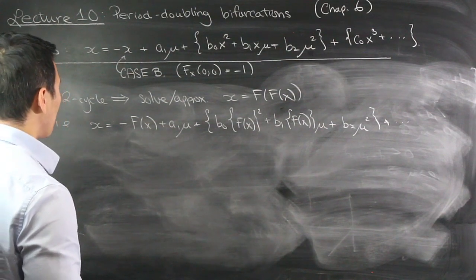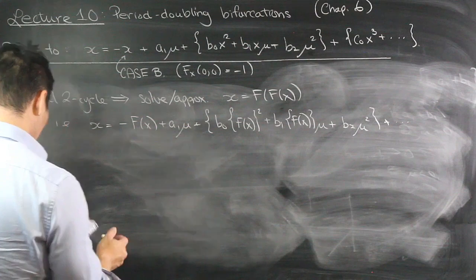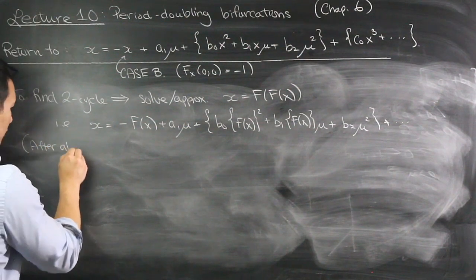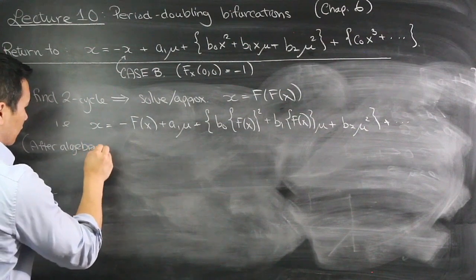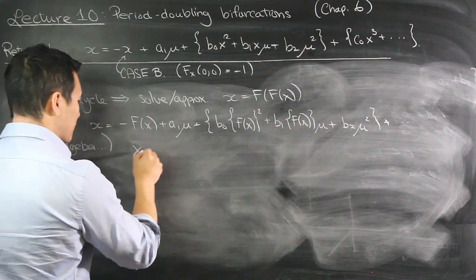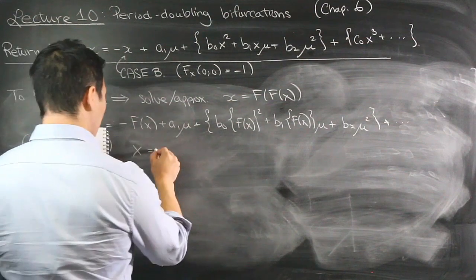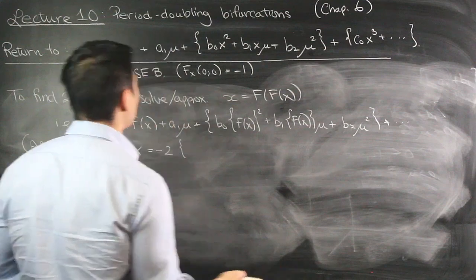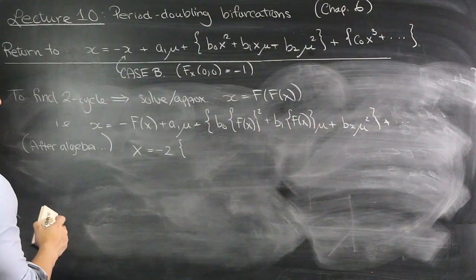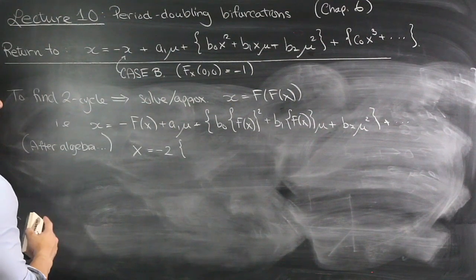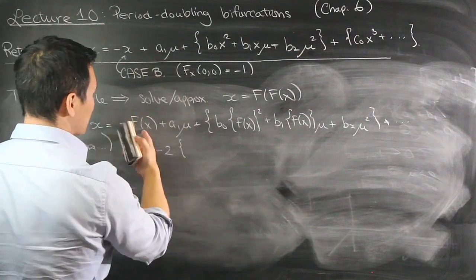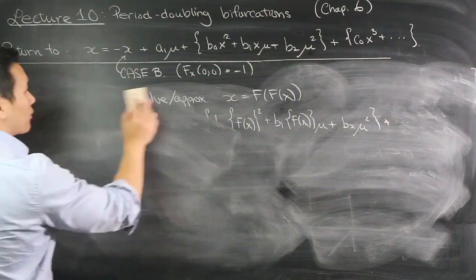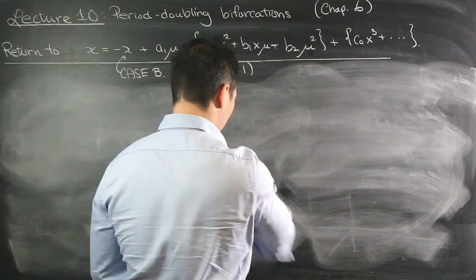Okay, but this ends up being one giant mess, so you're not going to have to do any of that. Let's just say after some algebra, you're going to have x is, and then this we have to give you. In fact, I'm going to do this at the very top of the page here, just so we get a lot more room, if you don't mind. So you substitute this line into here, expand everything, group everything in powers of x, and group everything in powers of mu, and then expand it all out.